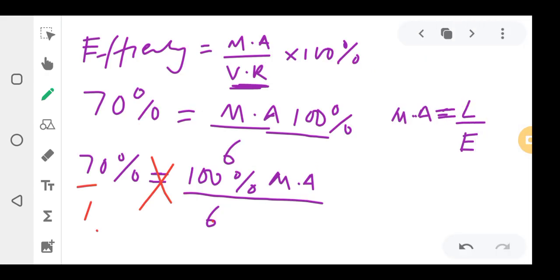So we'll come back to this formula. We're looking for the effort. But on mechanical advantage, you put 42. So it will be 42 is equal to the load. Let me take this formula on the other side, so that you have got good space.